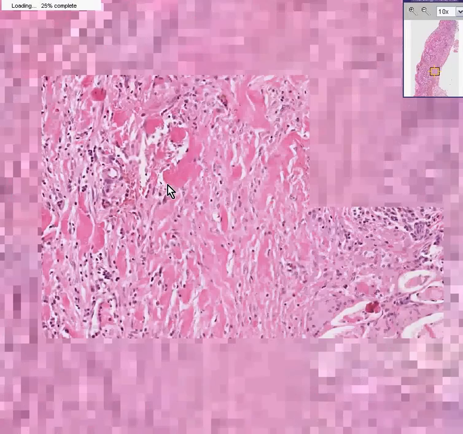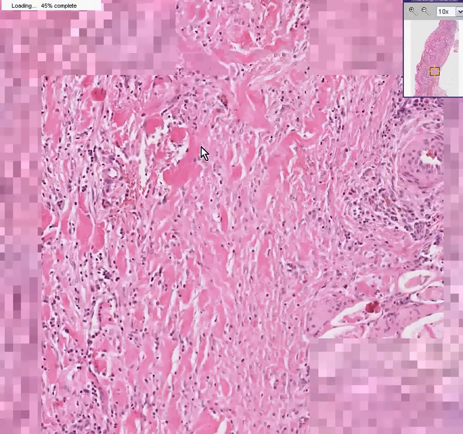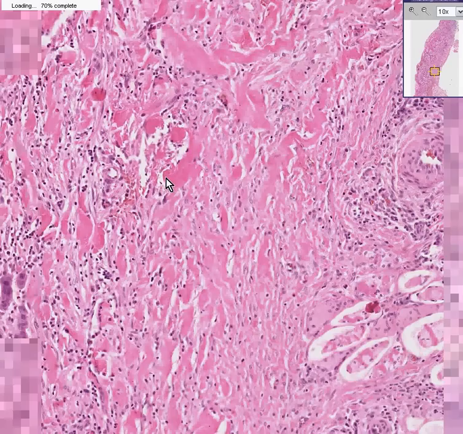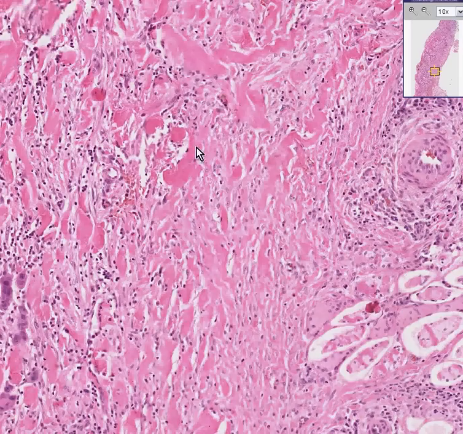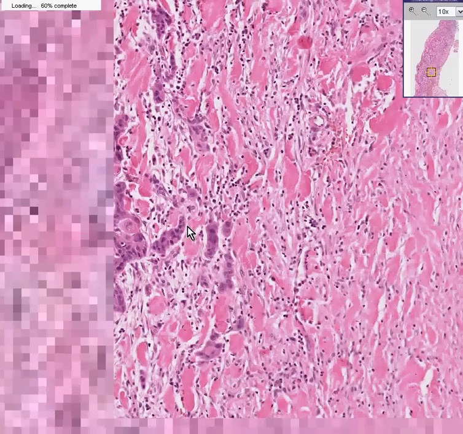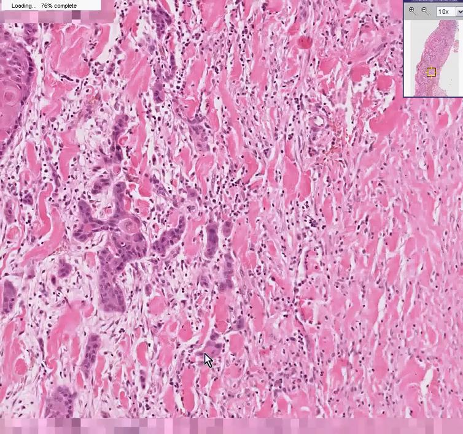These are skeletal muscle fibers here, which are in close proximity to this invading group of tumor cells, and that's why they are degenerated. All of these blue areas here are tumor, here, here.